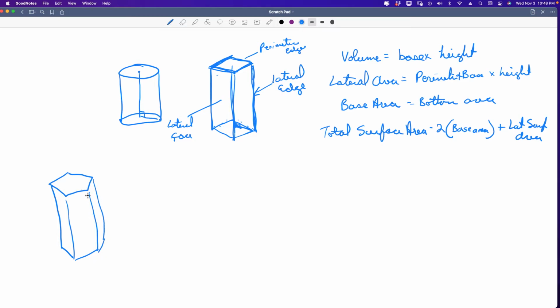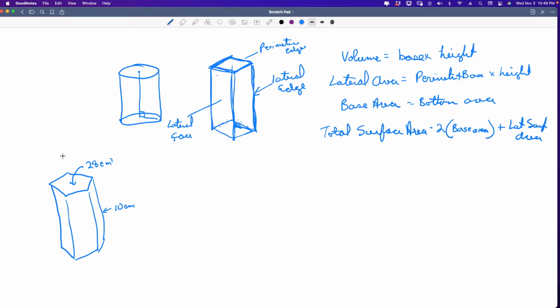And it is a prism. This base is 28 centimeters square. The height right here is 10 centimeters tall.